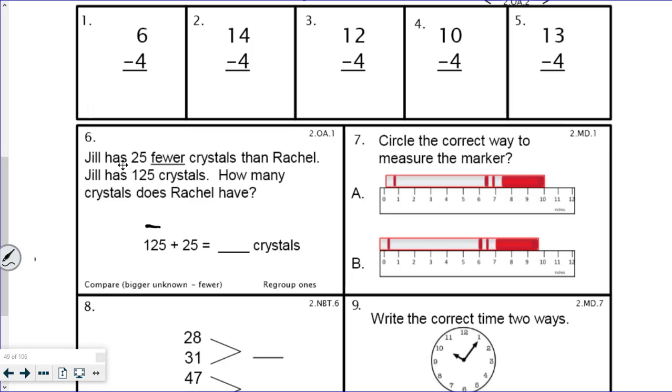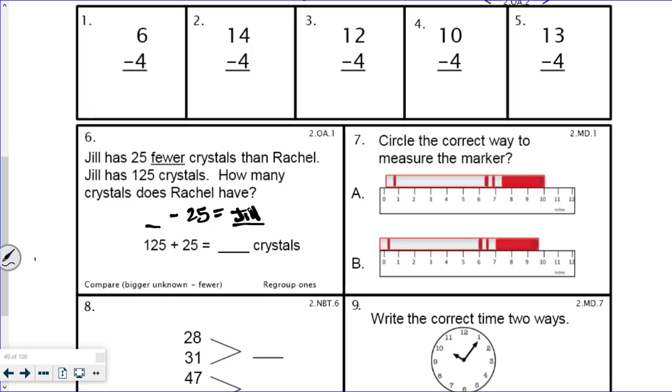Okay, and Jill has 25 fewer than Rachel. So we've got to take Rachel's, which is the blank. We're going to take away 25, and that will tell us how many crystals Jill has if we take 25 away from whatever Rachel has.